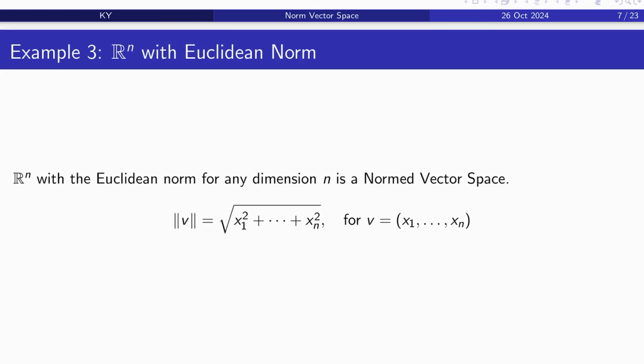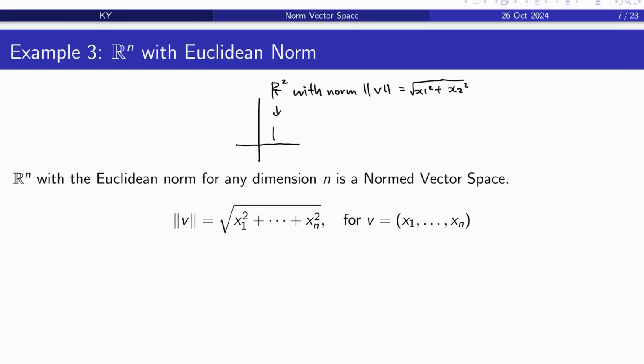Just now in example 2, we were talking about R2 with the norm of V defined as the square root of x squared plus y squared. Well, that's what we see in example 2, right? So it's almost the same idea here.